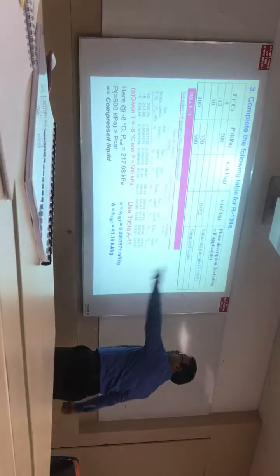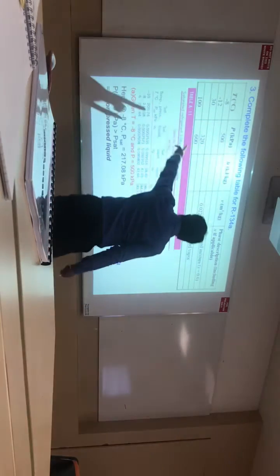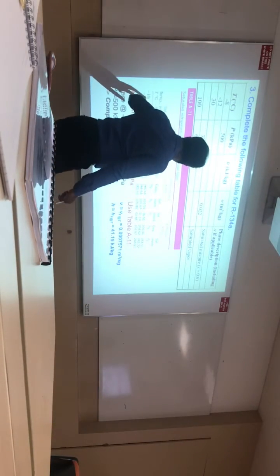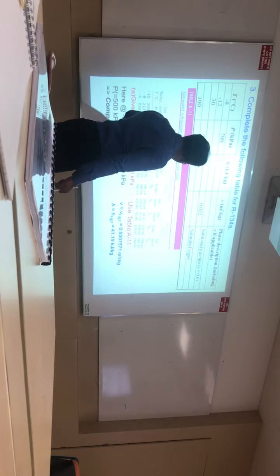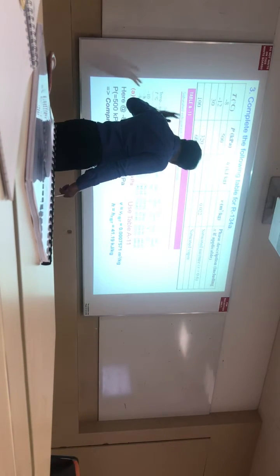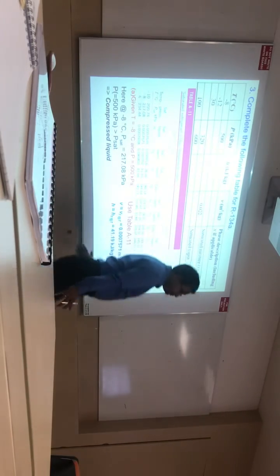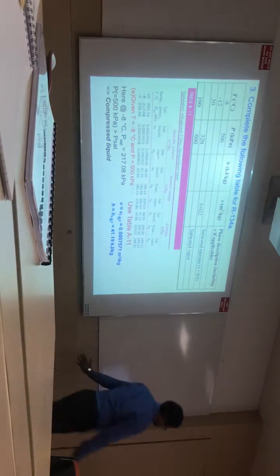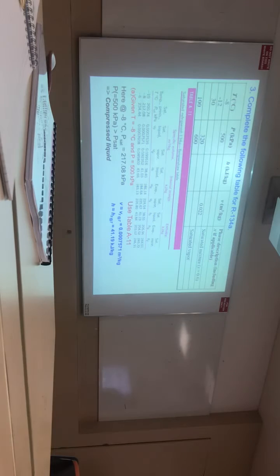At -8 and 500 degrees Celsius, at -8, you get saturation pressure. This one is smaller than P, so this is compressed liquid. Very simple. At -8, saturation pressure is 217.08.